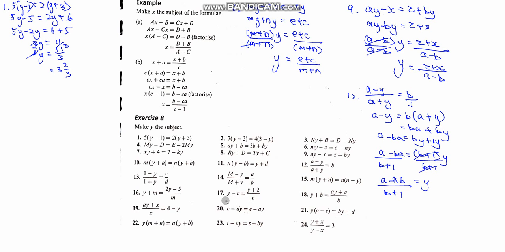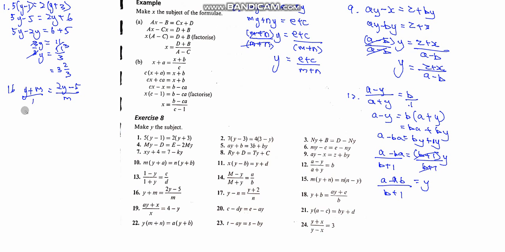Now let's look at a slightly more complicated one. What about 16? Okay, 16 is (y plus m) over m equal to (2y minus 5) over 1. How to do this? Put this as a 1.